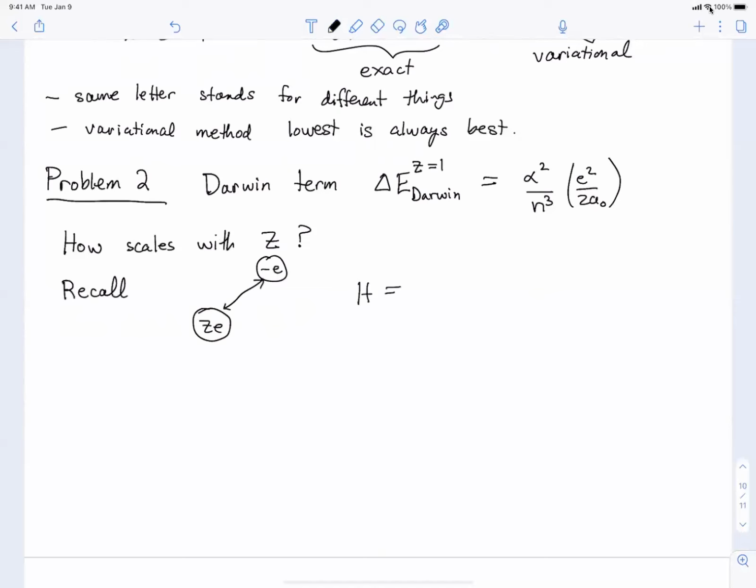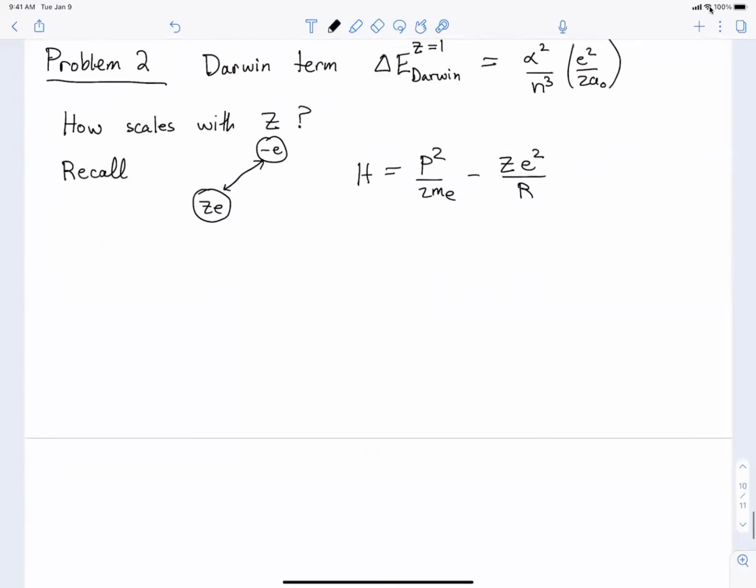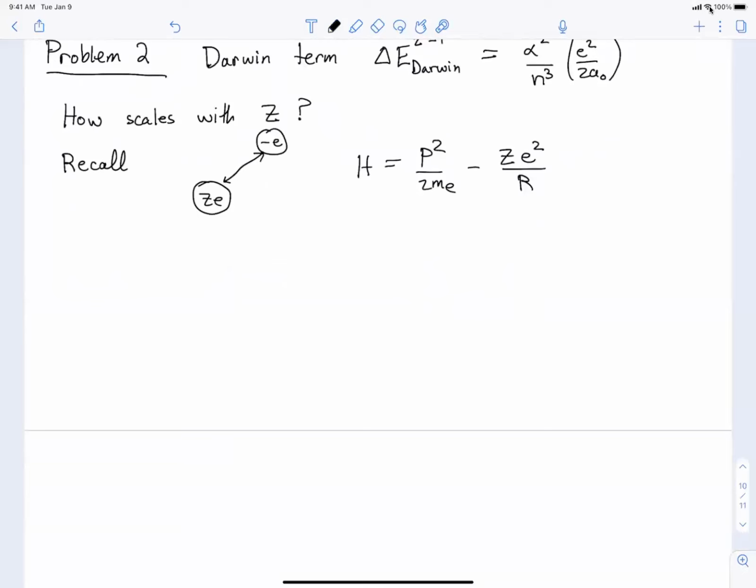The Hamiltonian is a kinetic term, which certainly doesn't depend on Z, and then a potential term, which has this dependence on Z. So the moral of the story here is that if you are writing your problem in terms of the input parameters, in this case there are only two inputs: the mass of the electron and the charge on the electron, along with Z, the other parameter.